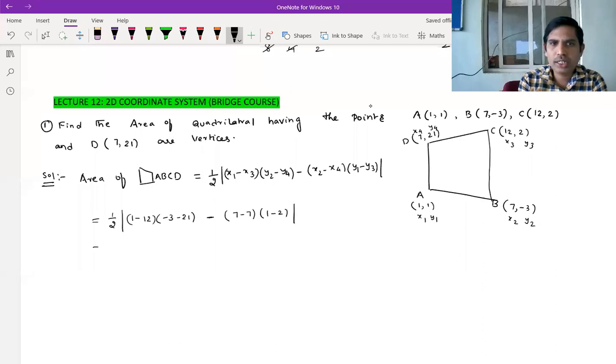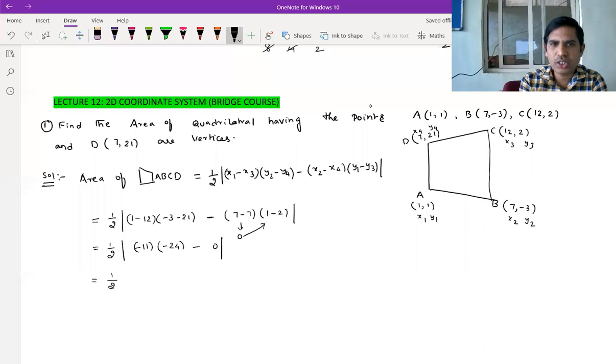So what will we get? 1 by 2 modulus of (1 minus 12), that is minus 11, into (minus 3 minus 21), that is minus 24, minus (7 minus 7). This is 0, and 0 into something is 0.